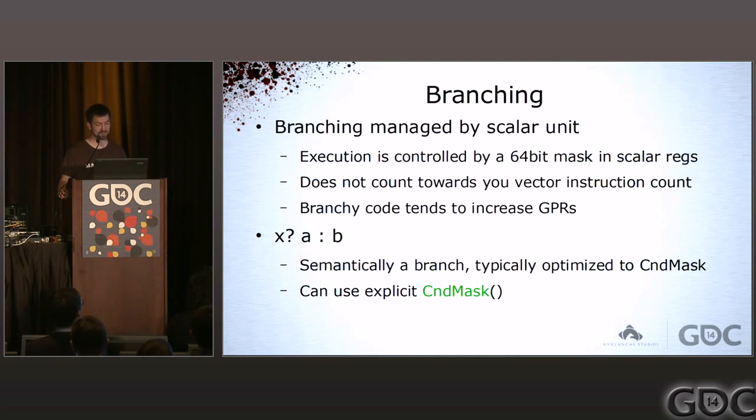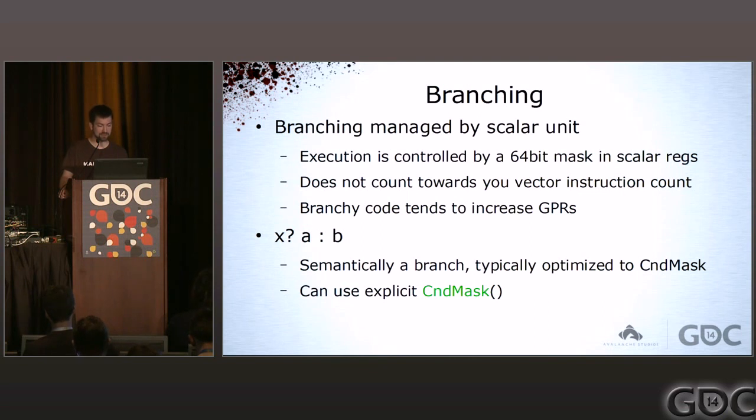So the branching doesn't actually count towards your vector instructions. In that sense, the branching is for free. Although there are, of course, always limitations or implications of using very branched code. The main problem is usually that it increases the number of registers, which can impact your performance in other ways.